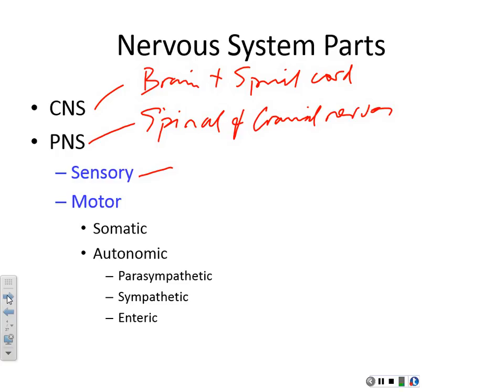It's not divided, but the motor division is divided into two parts. One, the somatic, that deals with the muscles, skeletal muscles specifically. And then the autonomic nervous system, which deals with smooth muscle, most of the viscera, cardiac muscle cells, anything that's automatically controlled.